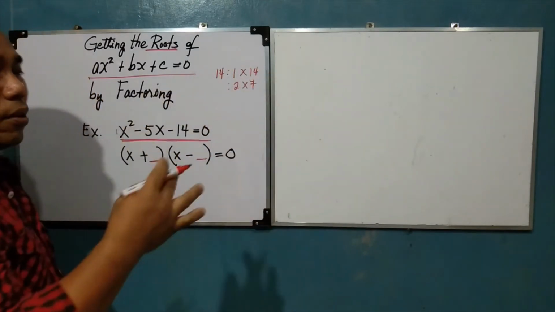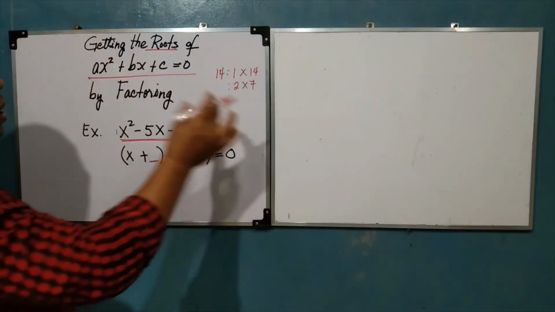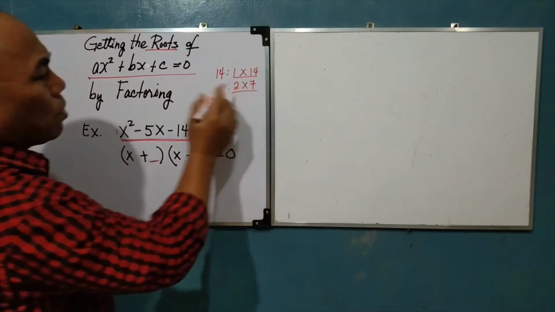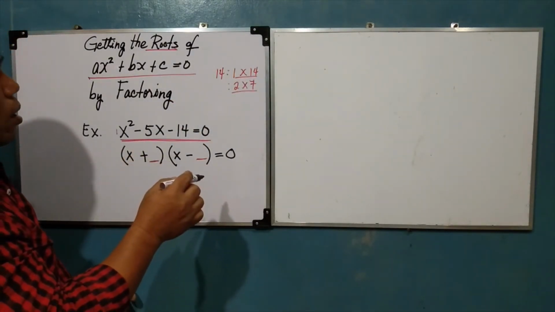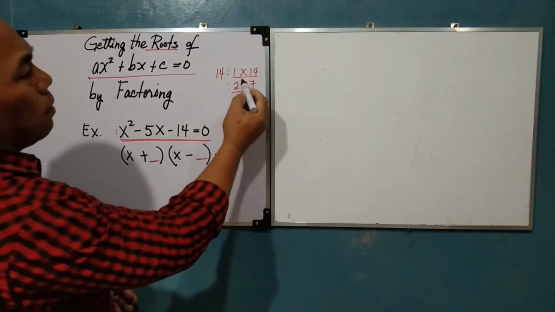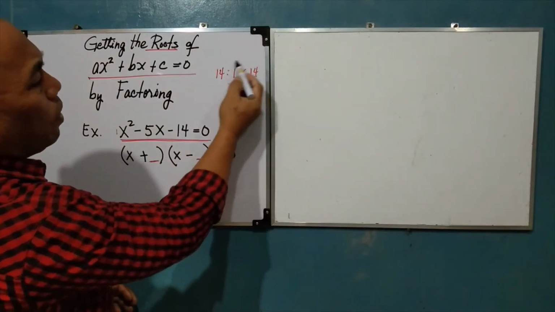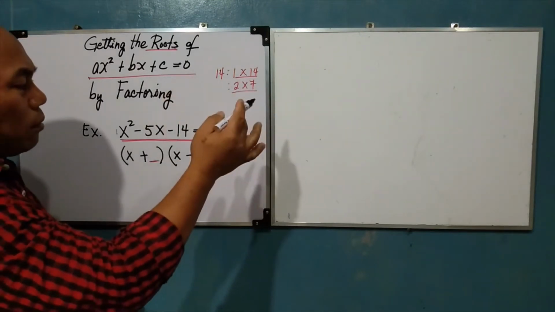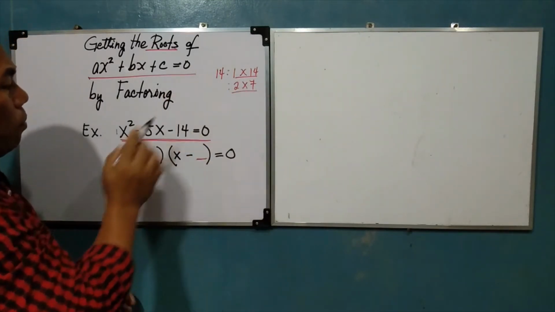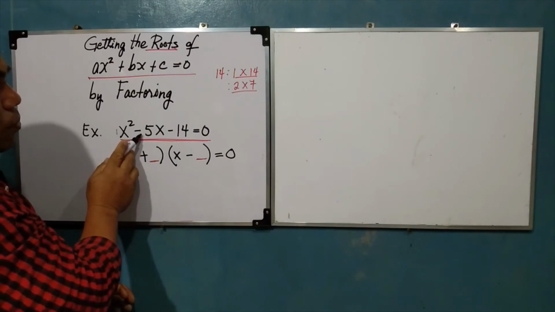And there's no other. Now, knowing that these are the factors of 14, think of what or determine which of the factors, when subtracted, will give this second term.